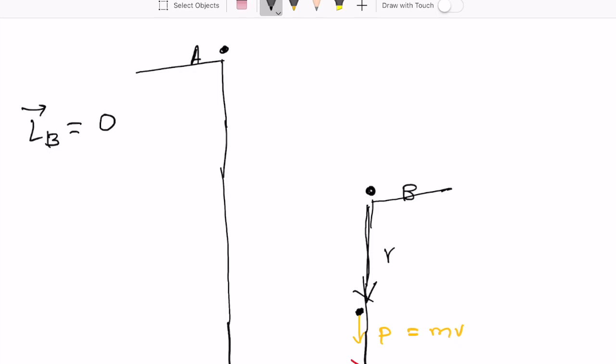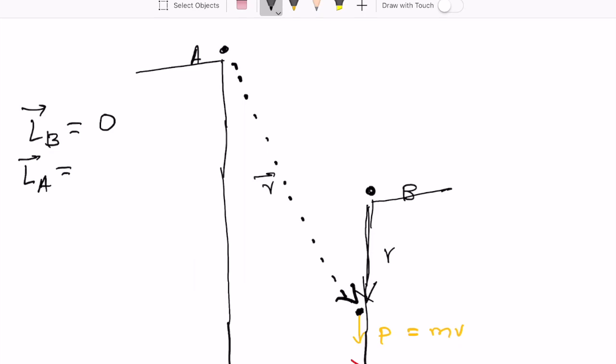What about the angular momentum as measured by A? For that, you could use r cross p. R would be this vector. But is there an easier way of doing it? The easier way would be to use the formula that it's p multiplied by the lever arm of p, right? So what is the lever arm of p?